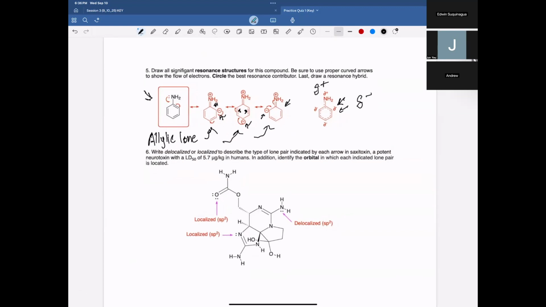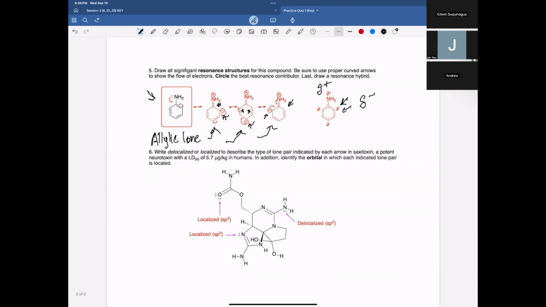Okay. Going on, we're going to look at localized and delocalized electrons. We're looking at these ones first. Did anyone put that they were delocalized? Thumbs up for yes, thumbs down for no. Did anyone write that this one was delocalized? You said it was delocalized? I did. Why?